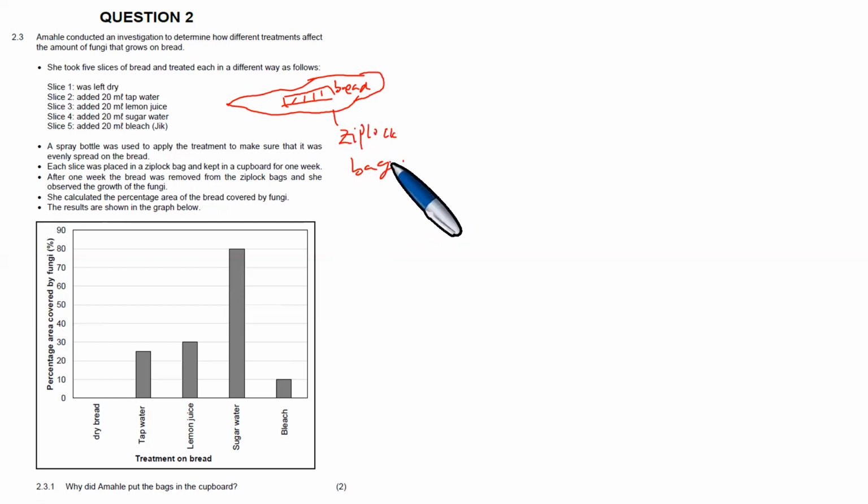Obviously you understand that Ziploc bags are those bags that sometimes are even used in the banks. You can put some banknotes in these Ziploc bags, and then you zip them. After zipping, nothing goes out and nothing goes in. But she actually put bread in it.